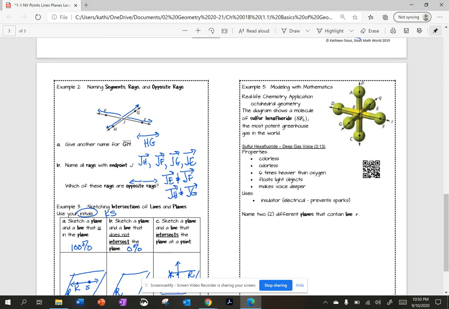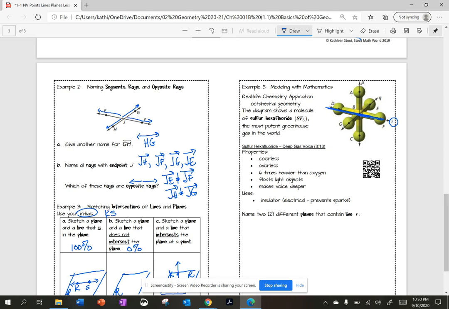Here it's asking me to name 2 different planes that contain line R. So here is line R right here. I want to name 2 planes. I need to name 3 non-collinear points.